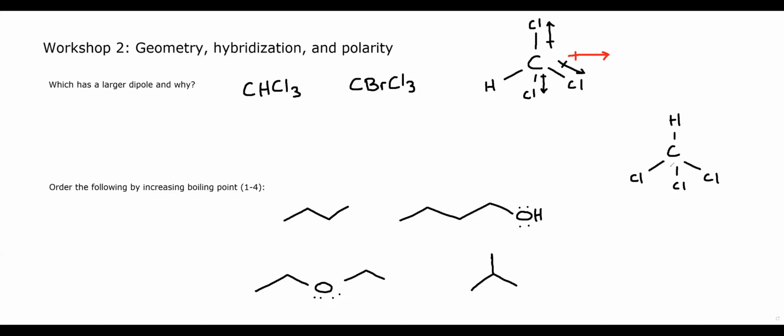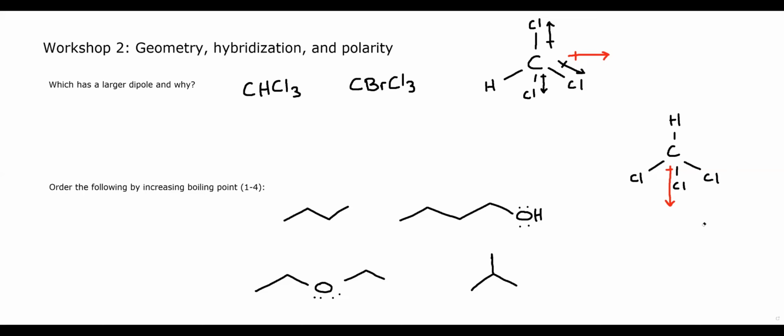So the overall dipole would sort of be straight down the pyramid, pointing straight down through the floor from the center, from the carbon here, in between all these chlorines. Again, it's hard to represent on a 2-dimensional surface, but as long as you understand the general dipole direction is obviously towards the chlorines, we're in good shape.